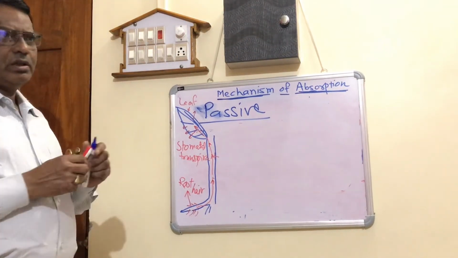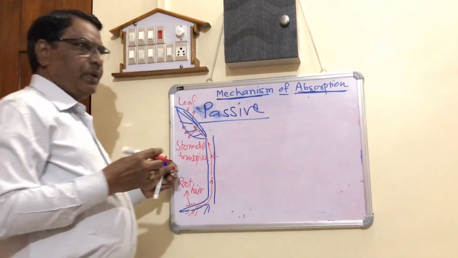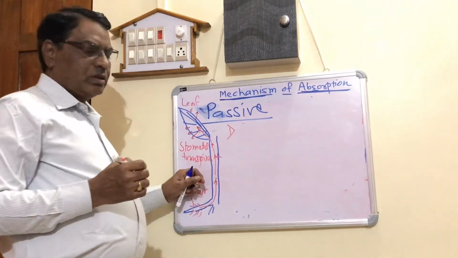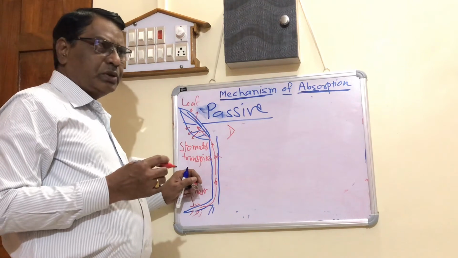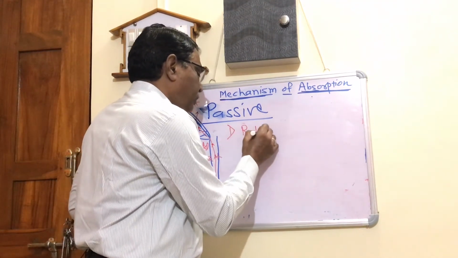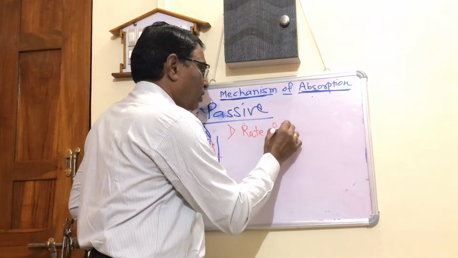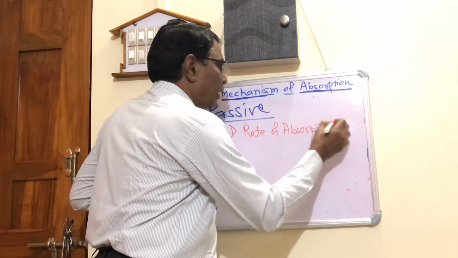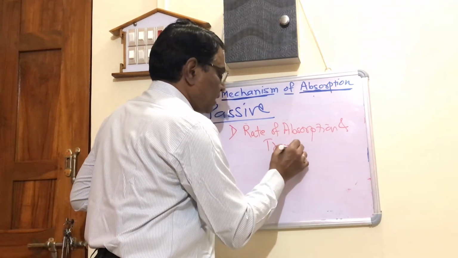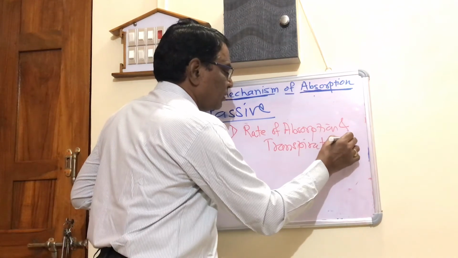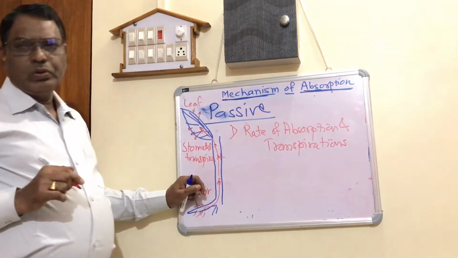The first practical evidence or merit which strongly supports this passive absorption of water is that the rate of water absorption and rate of transpiration in plants are closely interlinked.